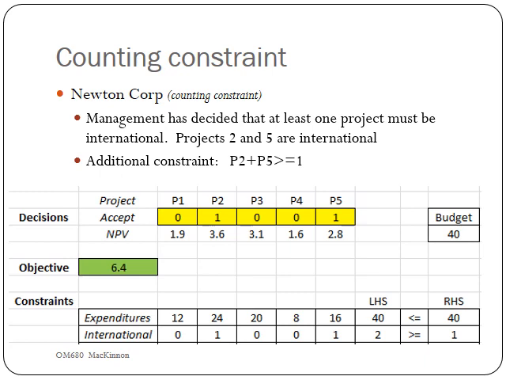We've still reached our budget of $40 million, but of course, our net present value, our objective, has gone down a little bit, which it always does when you add additional constraints. Well, not always. Sometimes it will remain the same, but it will never get better.